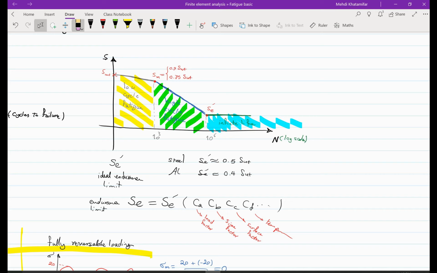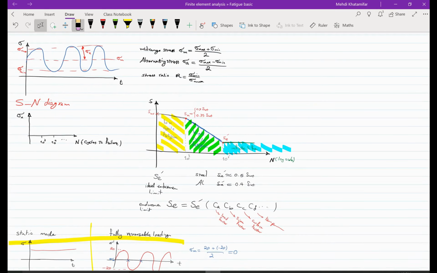And the ideal endurance limit is going to be multiplied by correcting factors CA, CB, CC, CT, which include the effect of environment, surface, loading, geometry, and other contributing factors.